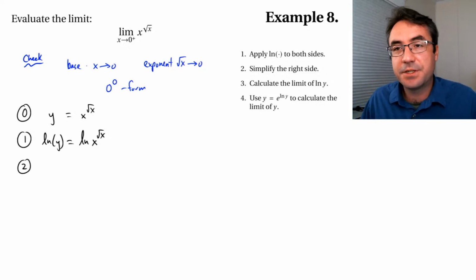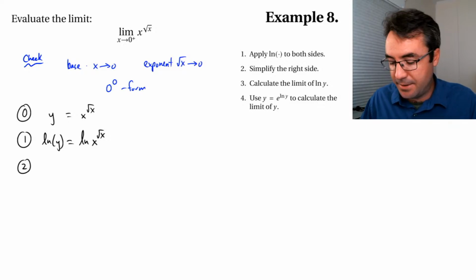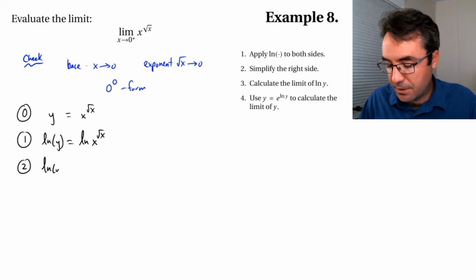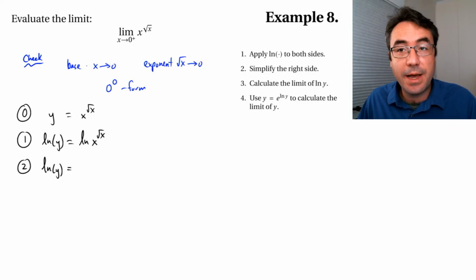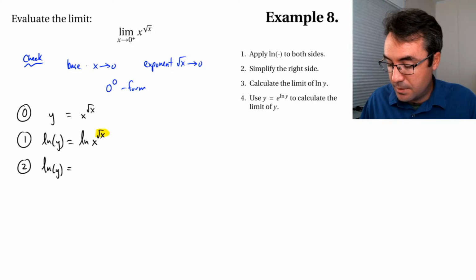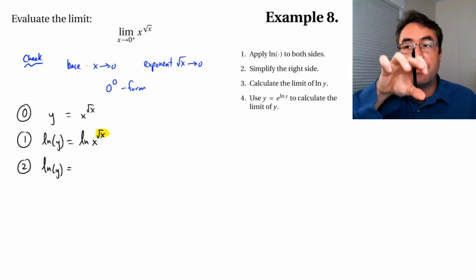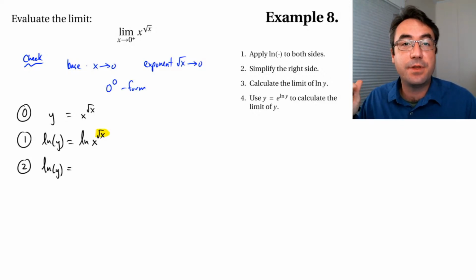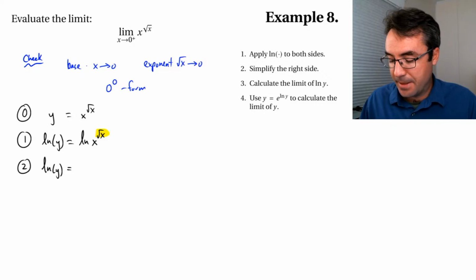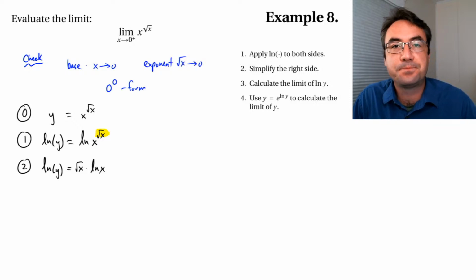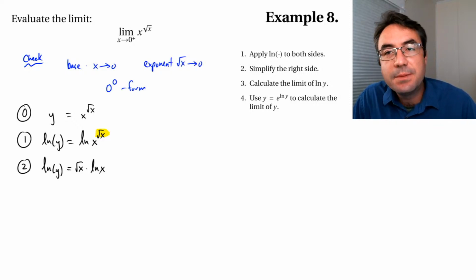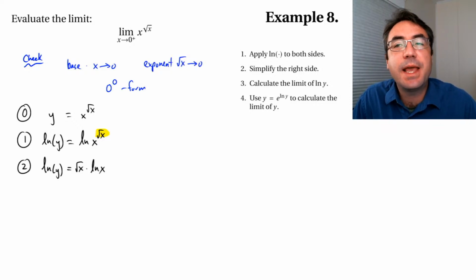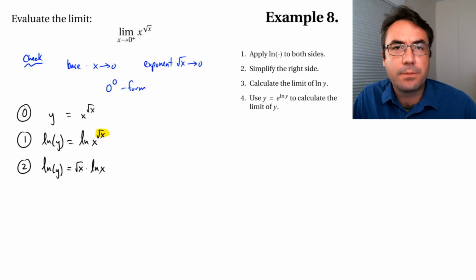Then in step 2, we're going to simplify the right-hand side. So this is where we use our log rules. So we can bring that exponent, that square root x, and put it in front of the natural log. So we get square root x times natural log x. So we've simplified the right-hand side as much as we can using our log properties.